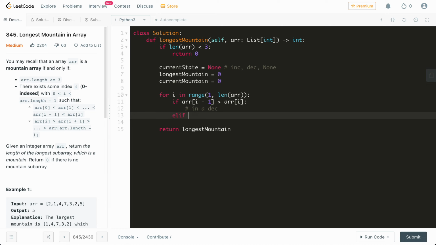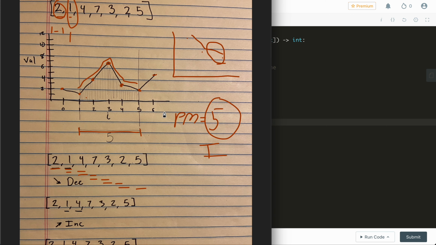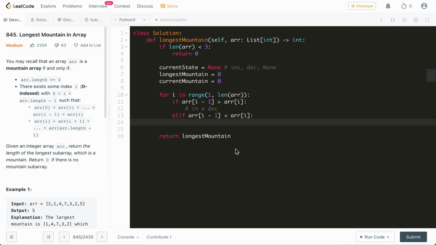Else, or if, the array at I minus 1 was less than the array at I, that means the number previous to this current number was lower. So this number was less than this number, so we're in an increase.